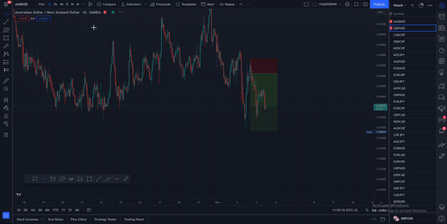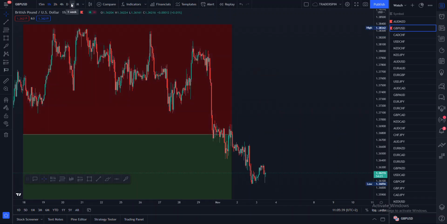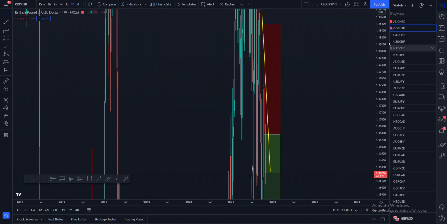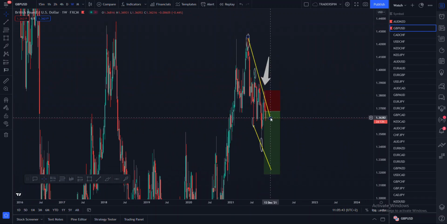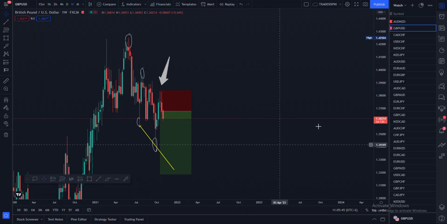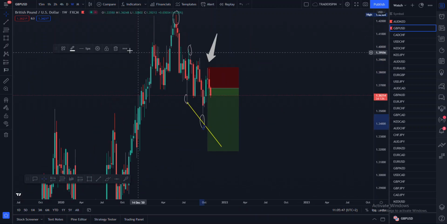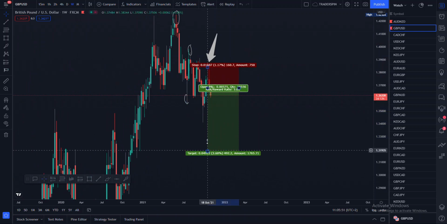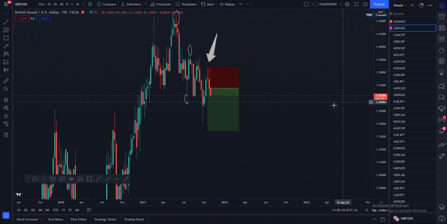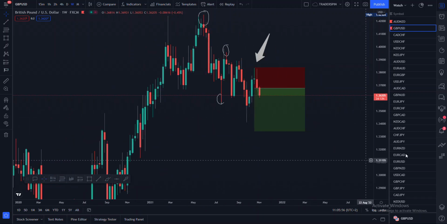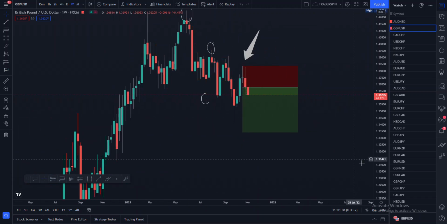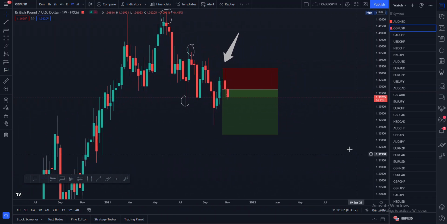As you can see, that is exactly what I did with GBP USD. It's a 1:2 risk to reward ratio trade, as you can see, right?